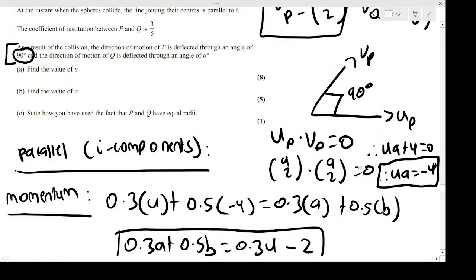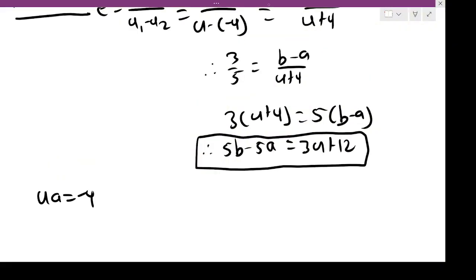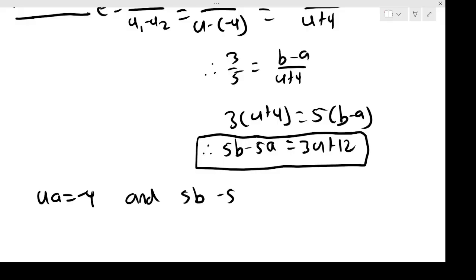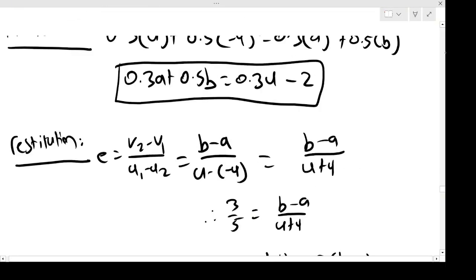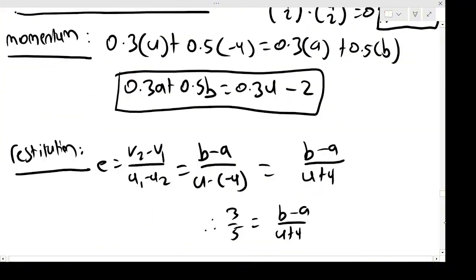It's not a nice equation, really. But that's the equation here, nonetheless. So we've got these three equations, right? We've got UA is minus 4. We also have that 5B minus 5A is 3U add 12. And we also have that 0.3A and 0.5B is 0.3U minus 2.